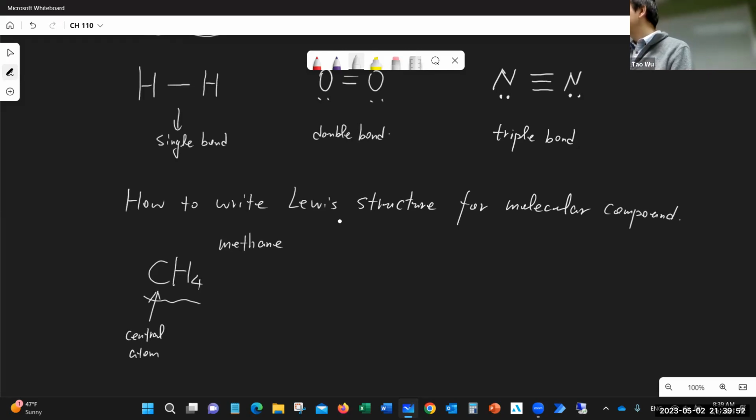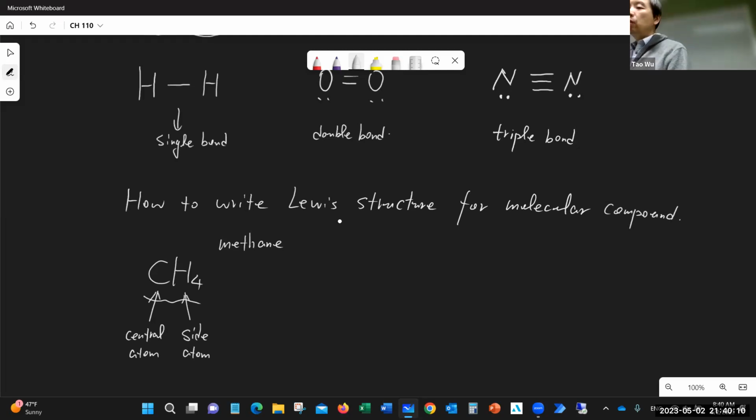The atoms that have multiple numbers are called side atoms. So first you need to identify which one is the central atom and which are the side atoms.